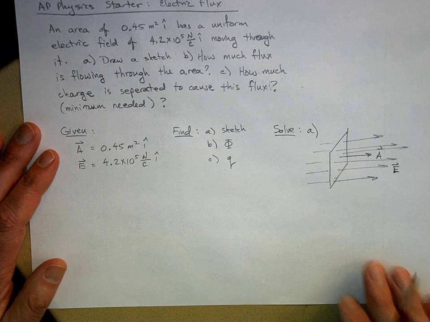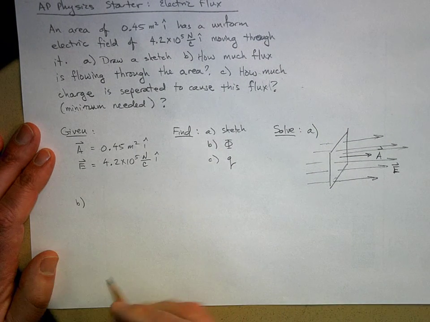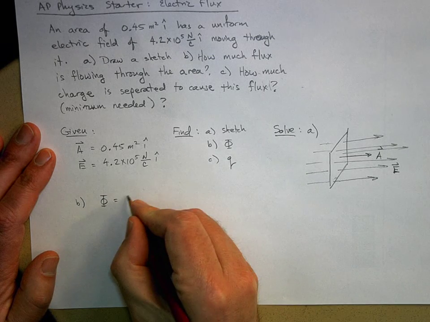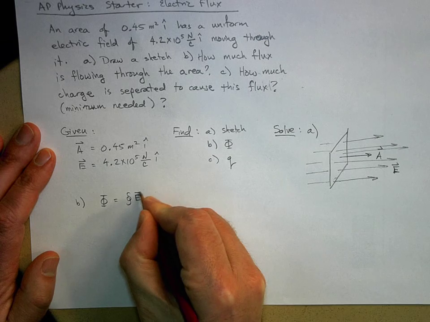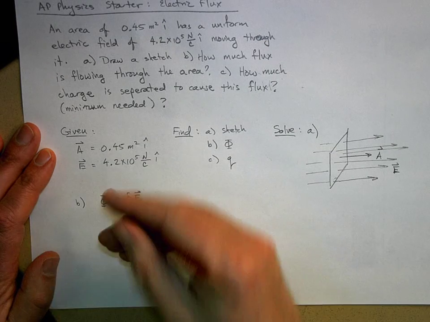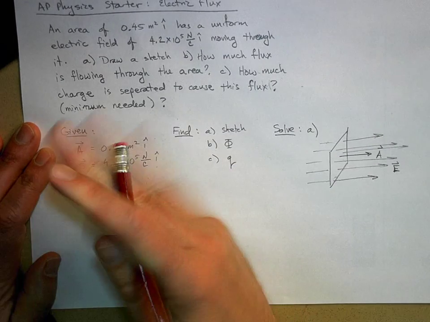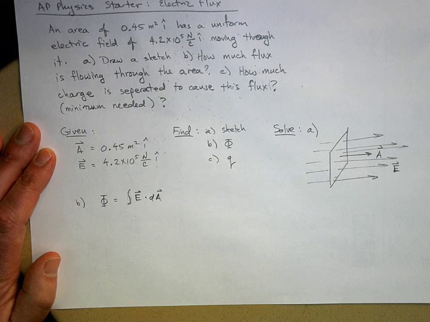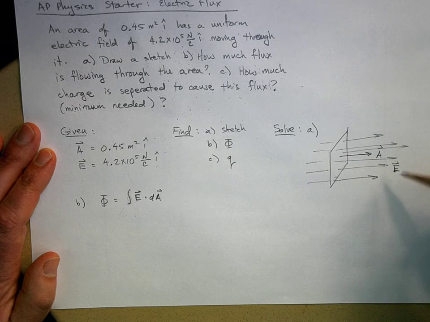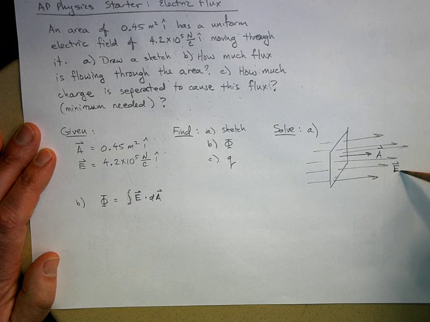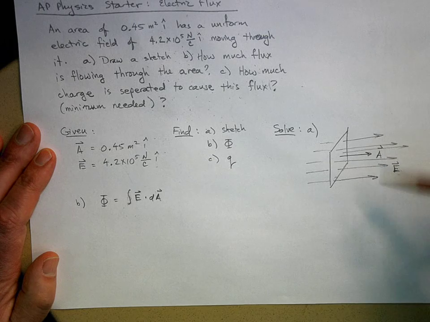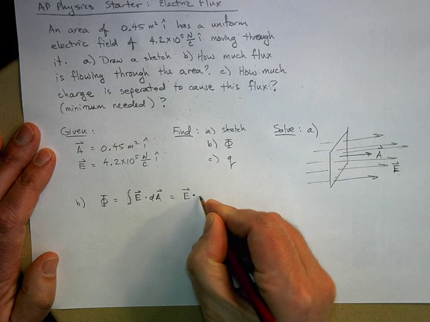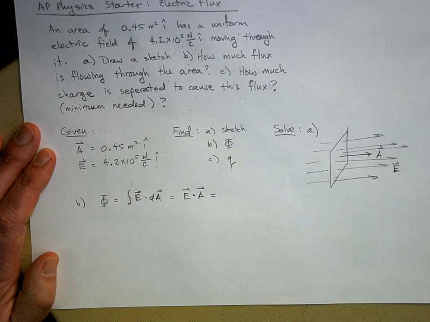And then for part B, the amount of electric flux is given by, well, I don't need the closed surface here. Let me erase that. E dot dA. And of course, here we have a uniform field. The field doesn't depend on the area or anything like that. So really, this just turns into E dot A. That's pretty simple.